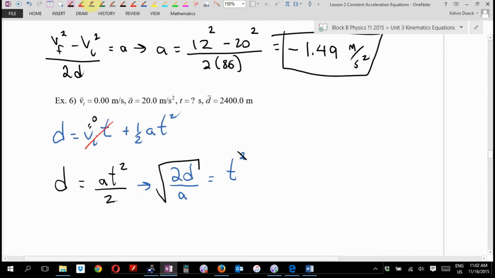So, if I hear you correctly, Luke, and I think I do, you're telling me that t is going to be a square root of 2 times the distance divided by the acceleration. You know what? Is there a square root here, Luke? Yeah. I'm going to type what's inside the square root, hit equals, and then I'm going to go square root answer button.